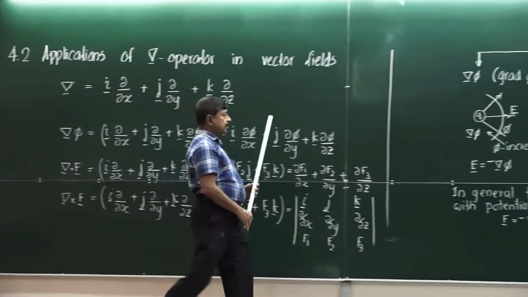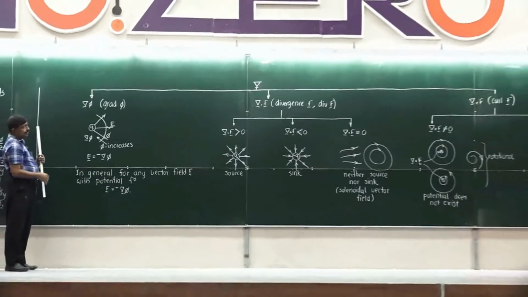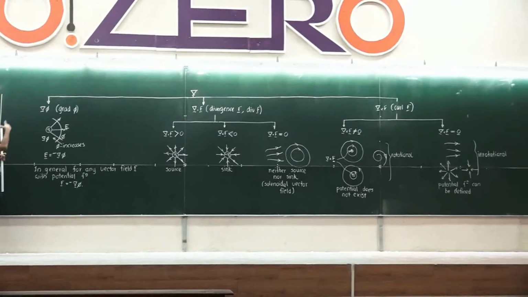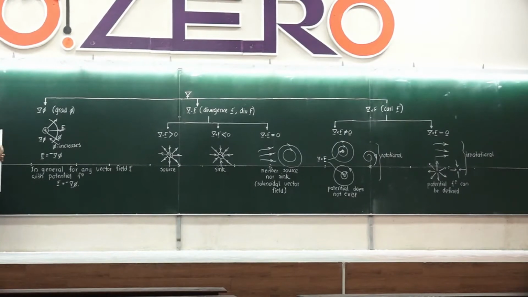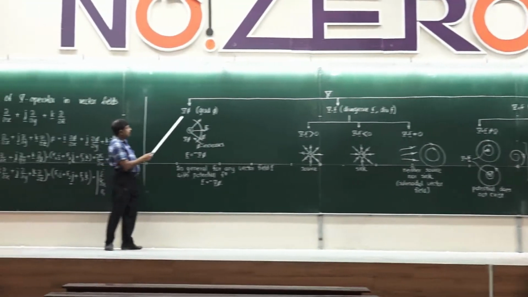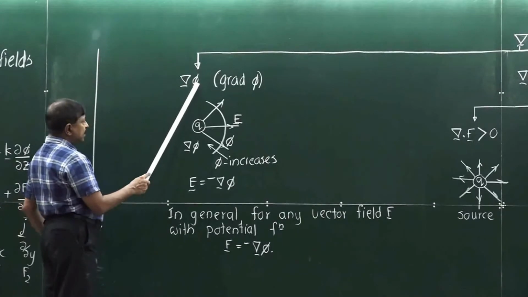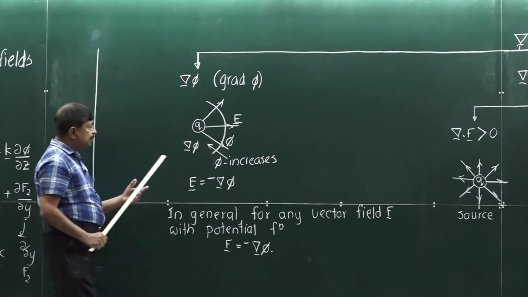Now, we move to the next one. Here you can see there is a tree-like structure. This is a comprehensive note, you have everything in it, all the minute details that you need to understand all the concepts associated with vector fields. Now, first we will look at the top here. When you take this with a scalar, we call it grad phi.